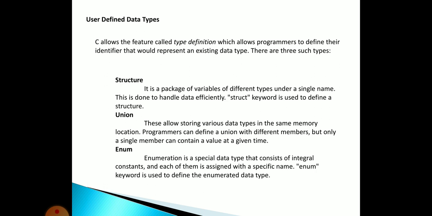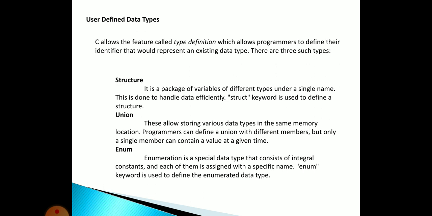Structure is a package of variables of different types under a single name. That means a unit of data can be united together to form a structure. For example, a class of students can be represented as a structure. So forming a group of related data as a single unit is called a structure.